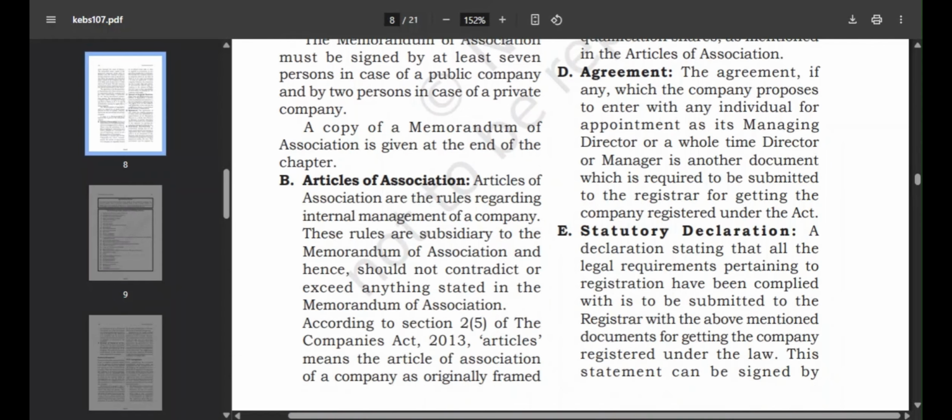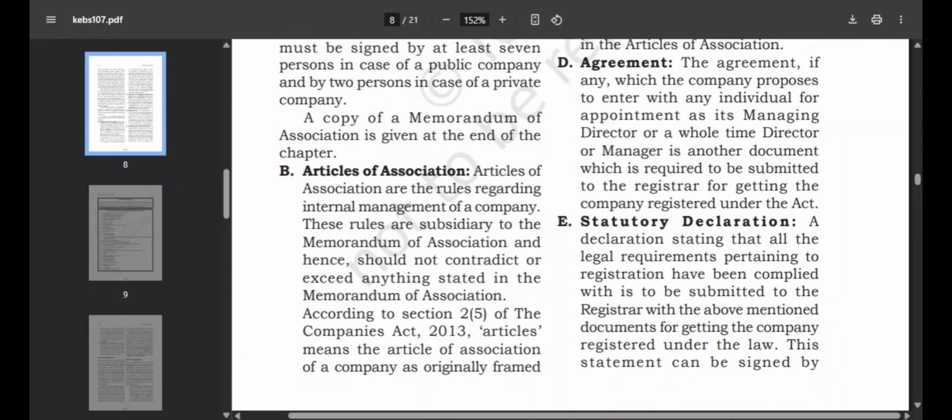Okay, then your fourth document is your agreement. After agreement, you have the statutory declaration, and lastly, you have the required fees. Agreement, if any, means it is not necessary, but if there is any which the company proposes to enter with any individual for appointment as its managing director or a whole time director or manager, another document is required to be submitted.